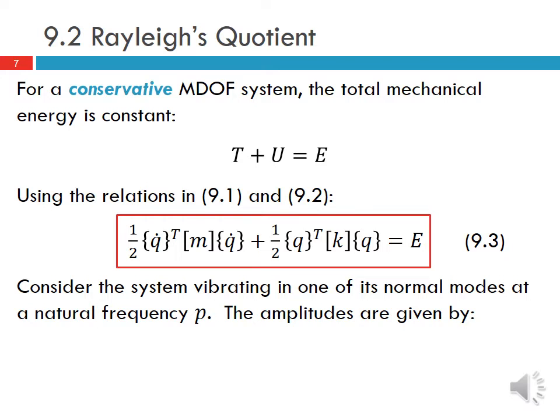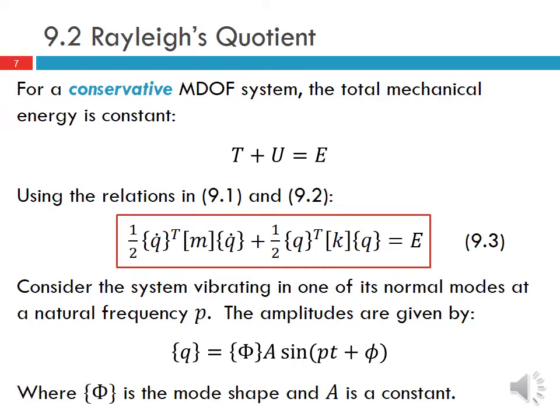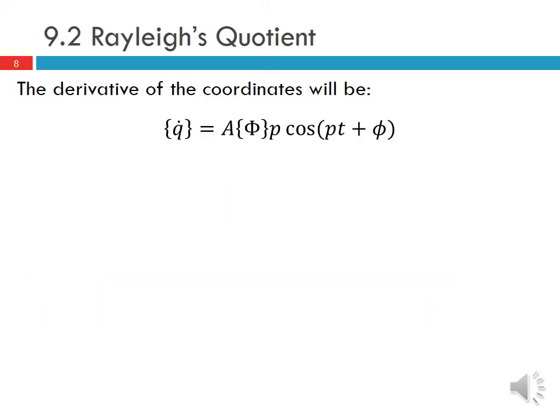The amplitudes of the coordinates are given by this expression. q is equal to phi a sine(pt plus phi), where big phi is the mode shape and a is a constant. The derivative of the coordinates will be given as shown here.